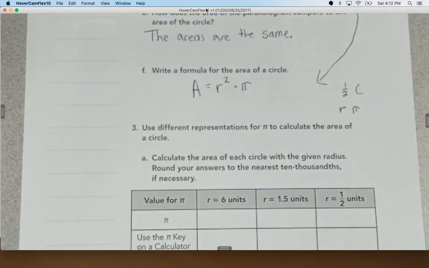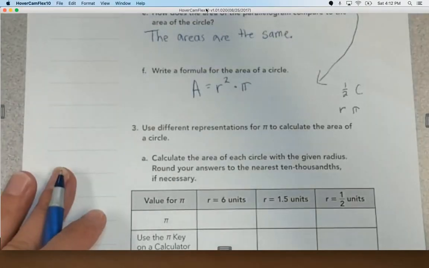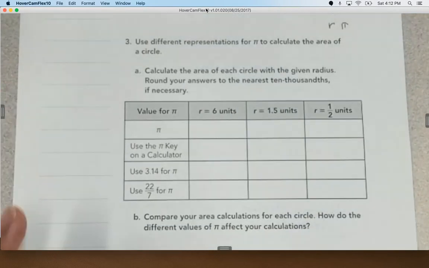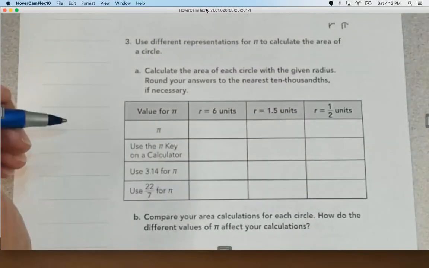Use the different representations for pi to calculate the area of a circle. Calculate the area of each circle with a given radius. Round your answers to the nearest 10,000ths if necessary.